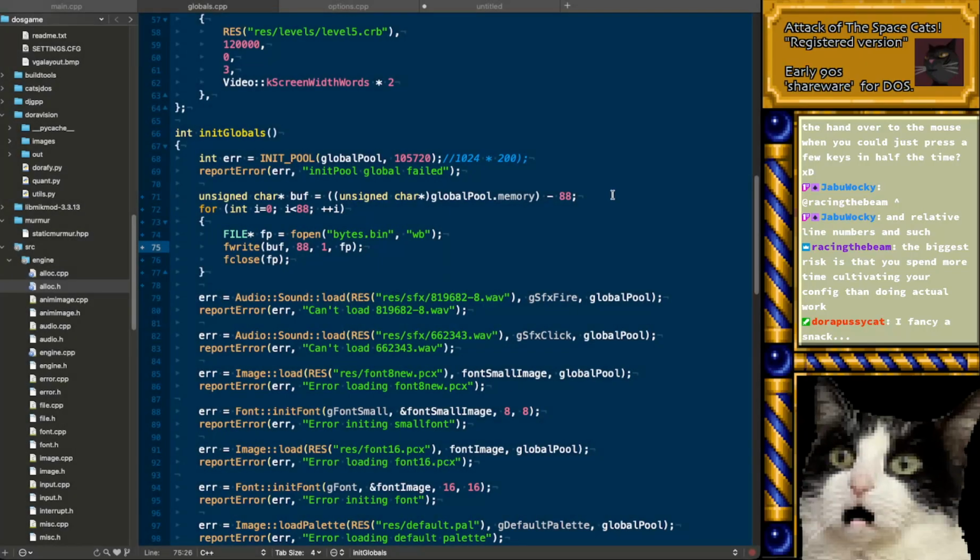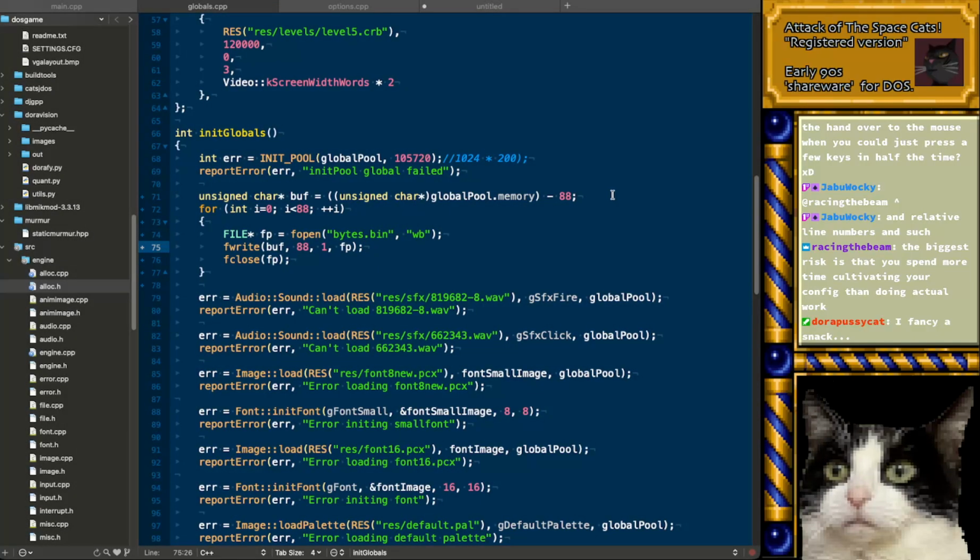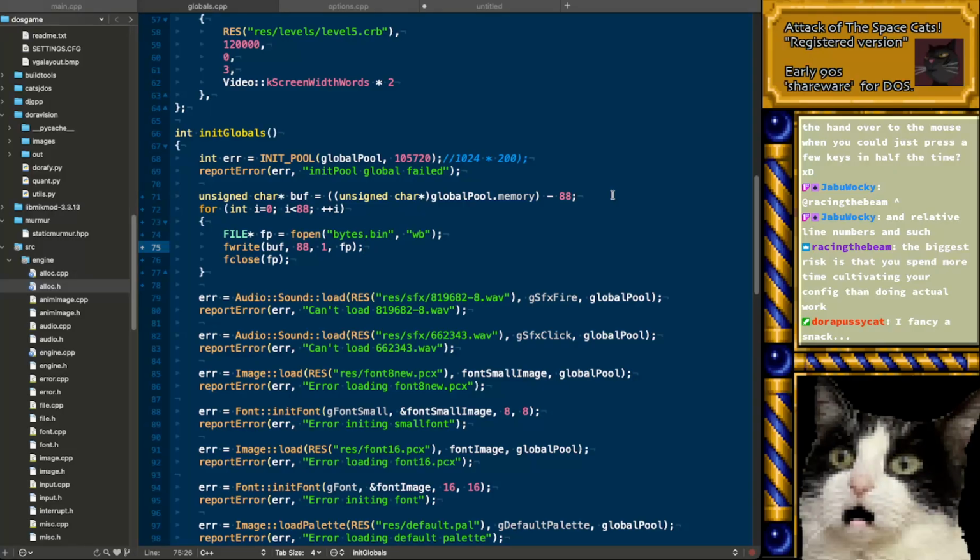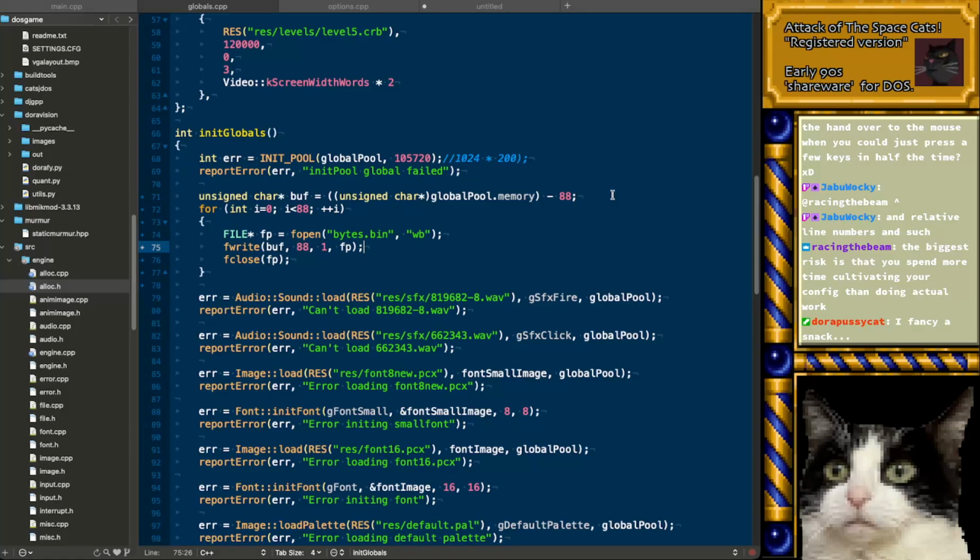Right, that's the pussycat fed. Yeah, so there's no obvious sort of smoking gun in that 88-byte block. I was kind of hoping that it would be really obviously a mod file or something like that, but it didn't seem to be.